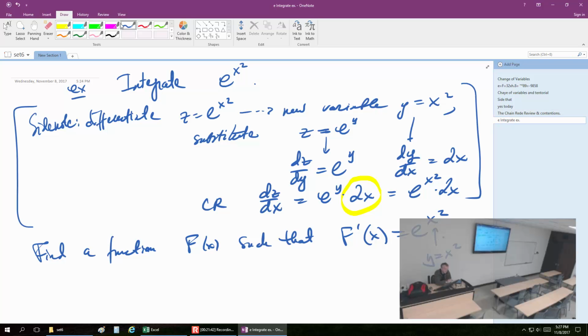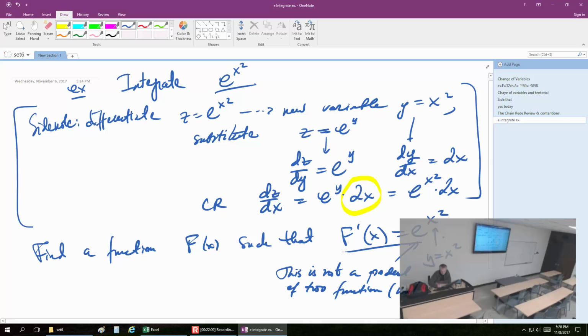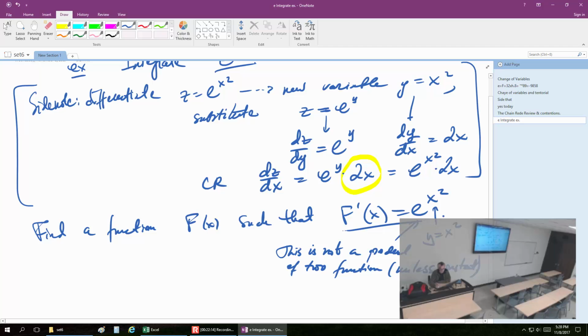So then we look at what we've got, this function over here, and we realize that it does not have an extra term, a product of two things. It has only one thing, which means that this is not a product of two functions, unless one of them is constant, but then we are talking about linear substitution.